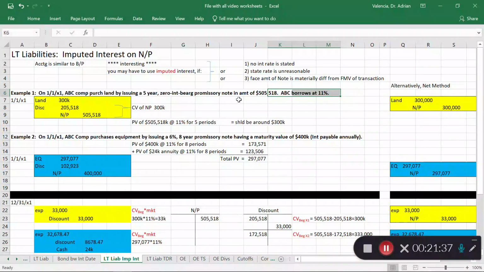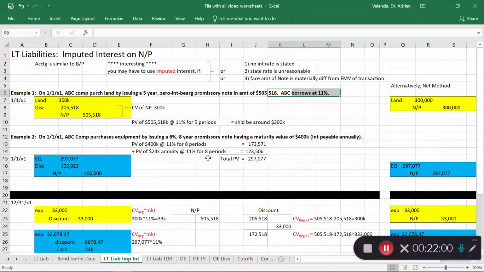So whether I say that I'm paying 0 or not, I'm still going to compute this transaction based on a discount rate of 11%. Here, I'm saying, hey, I'm paying 6%. That's based on the transaction negotiations you did. But when you actually value that loan, you need to discount it again at 11%, the real rate.